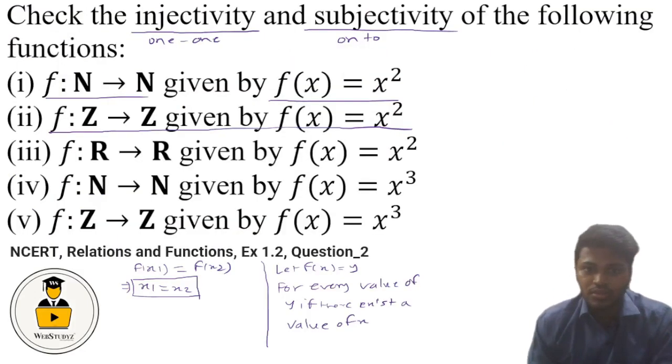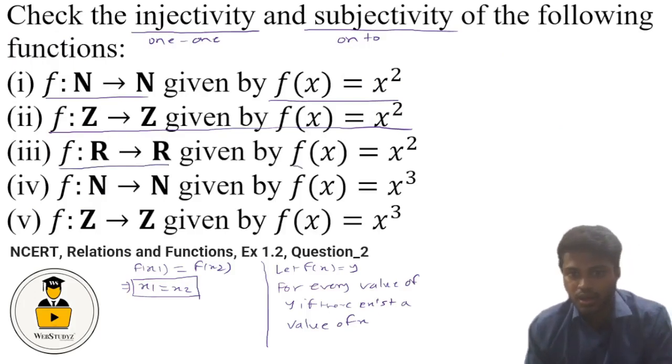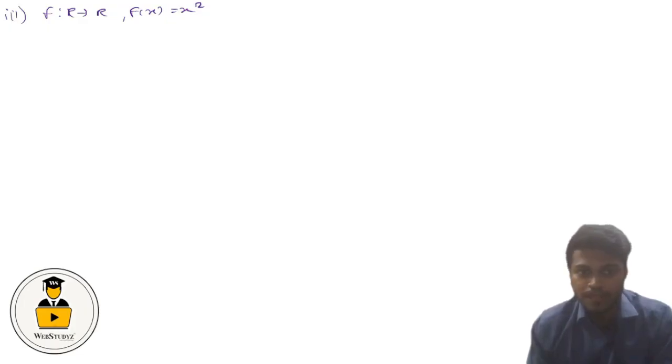Now the next question says that f is from R to R and the function is the same. So here for the third case, we have a function from real numbers to real numbers and our function remains the same, x square. First we'll check for injectivity. For injectivity, we will again assume that f of x1 equals f of x2.